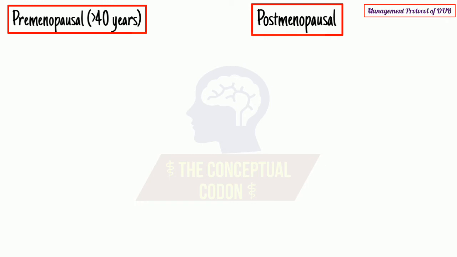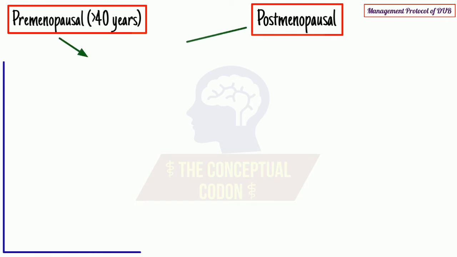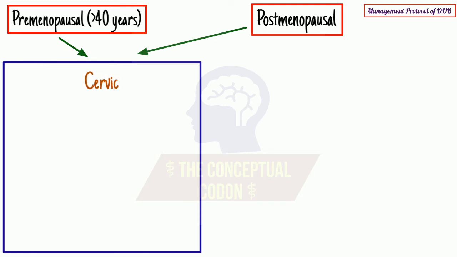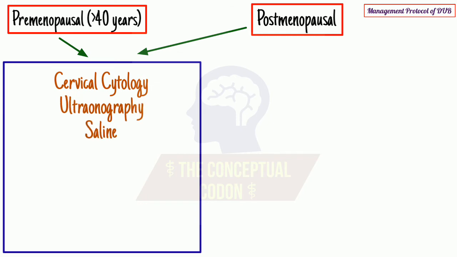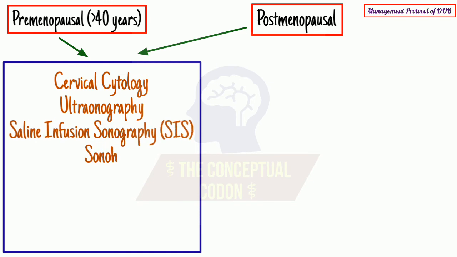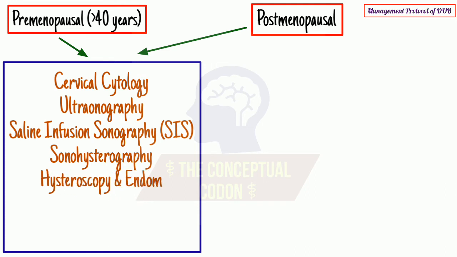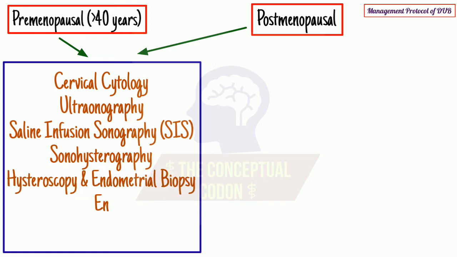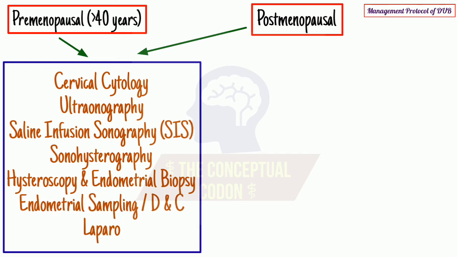In these two groups, certain investigations should be done immediately, like cervical cytology, ultrasonography to detect the endometrial thickness, SIS or saline infusion sonography, sonohysterography to detect any endometrial pathology, and hysteroscopy and endometrial biopsy or endometrial sampling or dilatation and curettage, laparoscopy. These investigations are done to exclude any pathology or exclude malignancy.